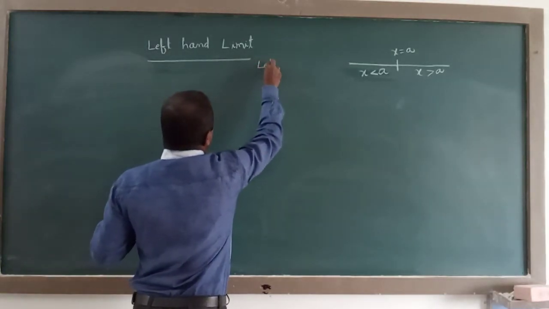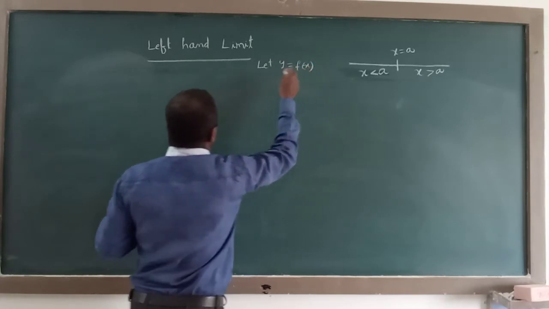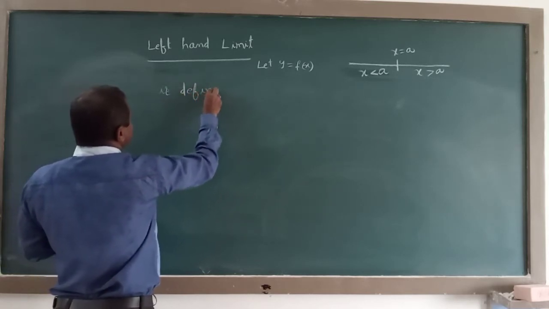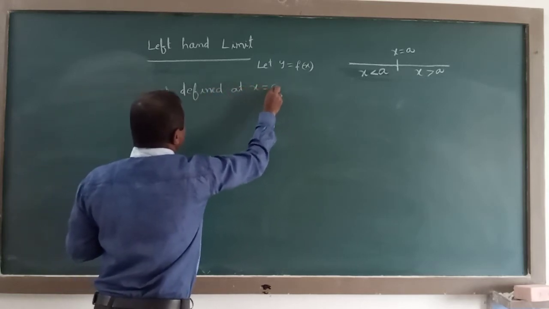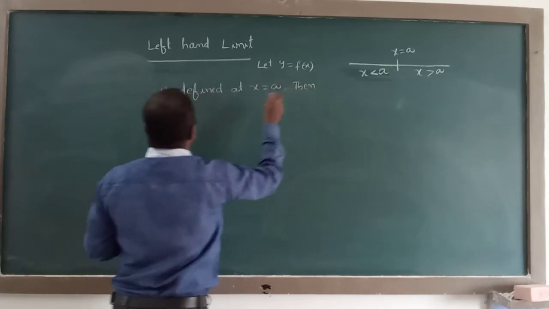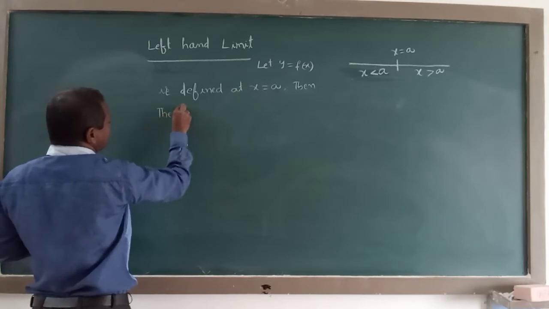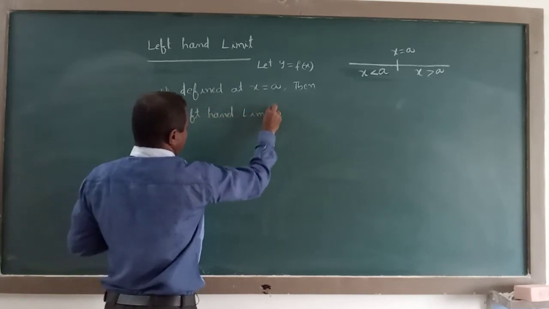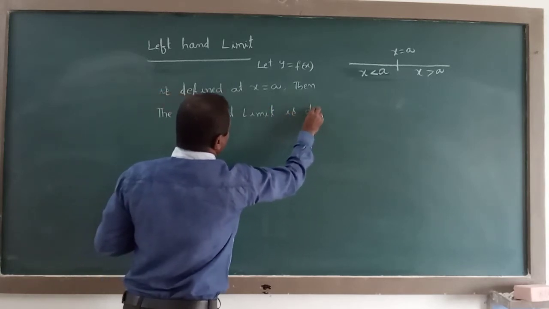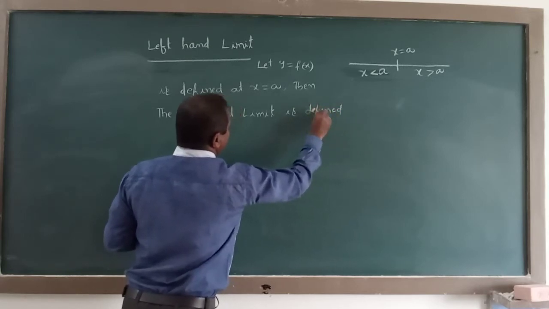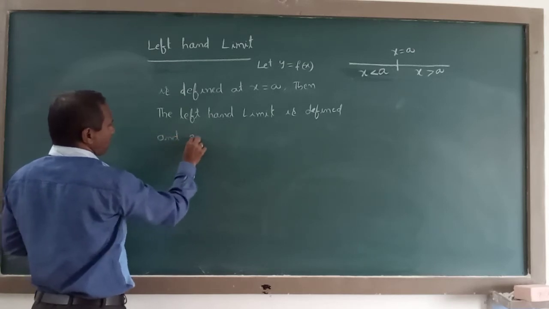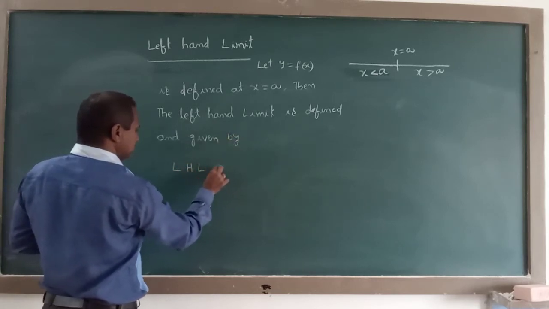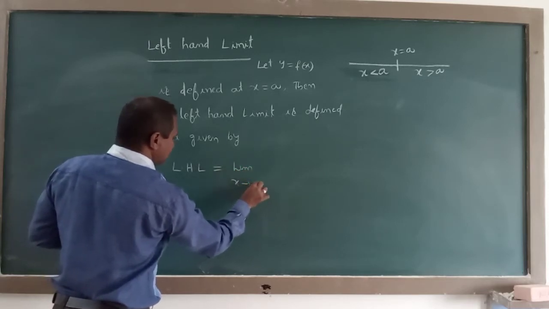Let y is equal to f of x be defined at x is equal to a, then the left hand limit is defined and given by LHL is equal to limit x tending to a minus f of x.